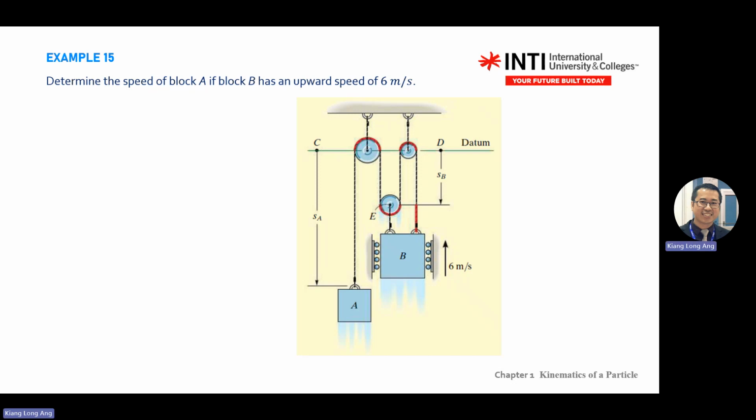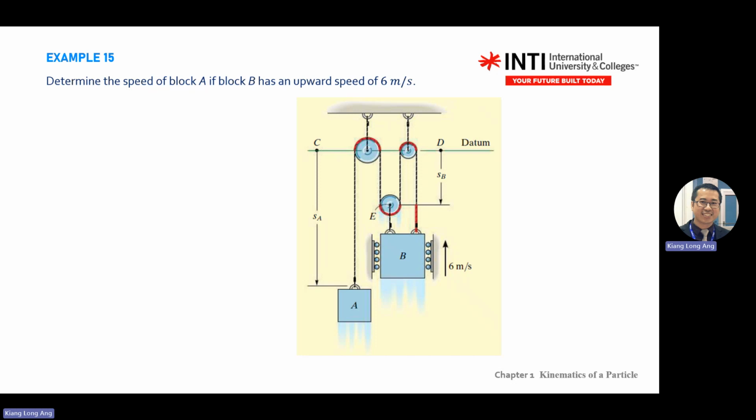You look at it, it asks you to determine speed, right? Look at the datum of A. You know that if B moves up, A will move down. You look at the A datum, positive is down. So your answer for the velocity of A and the acceleration of A will be positive. Before you move to the next steps, think about what the answer is, whether it's positive or negative at the end.